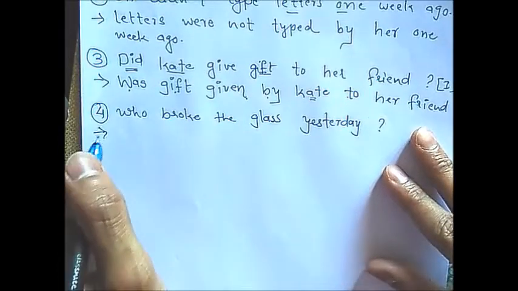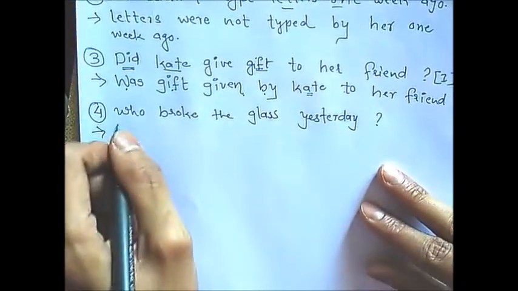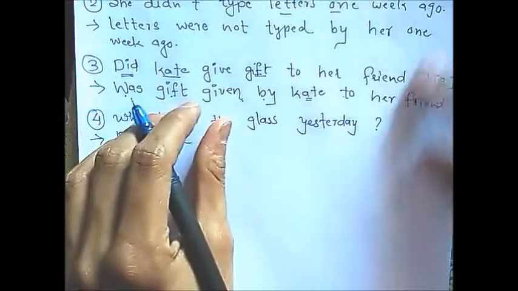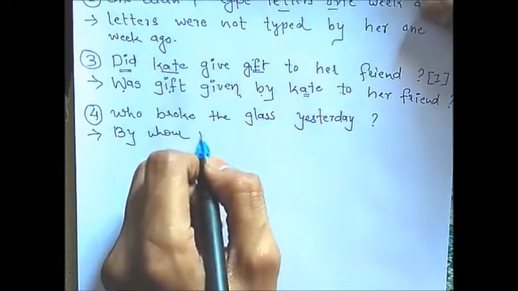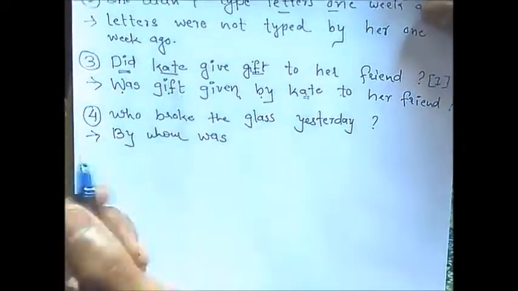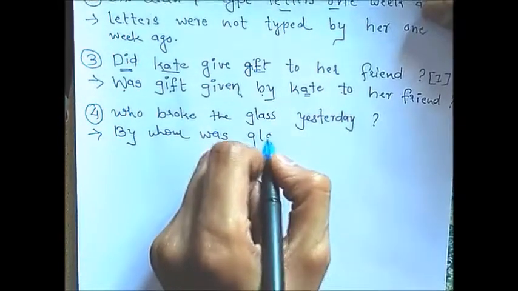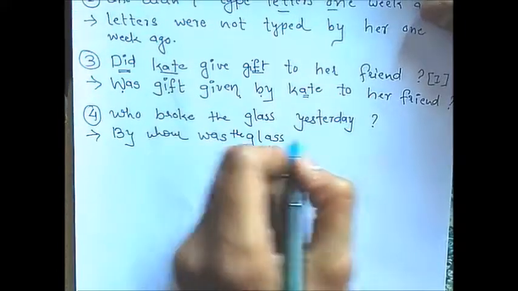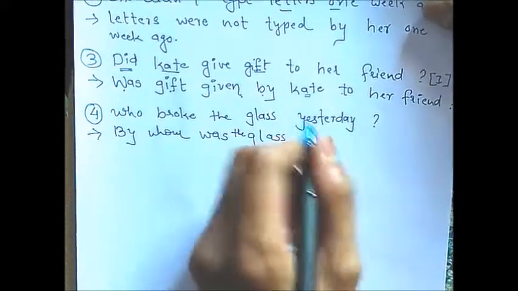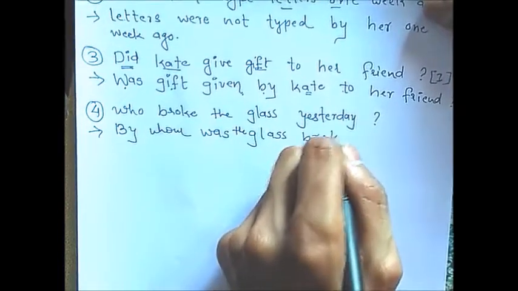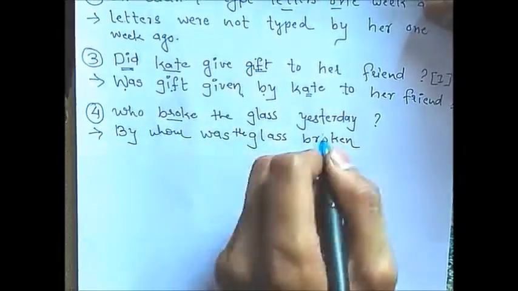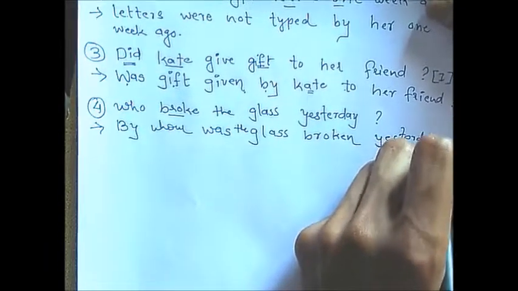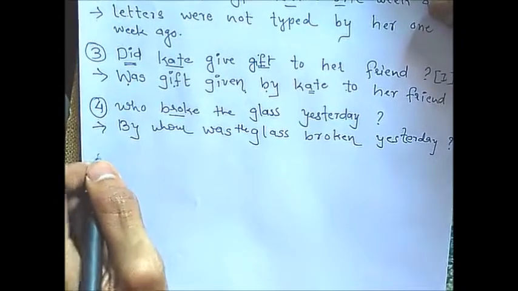Now, if this kind of sentence is given to you, in the beginning you have to put by whom, then after was or were regarding the object directly, then put the object: by whom was the glass, then after broken, that is the past participle of the verb form, yesterday, other words, and last the question mark.